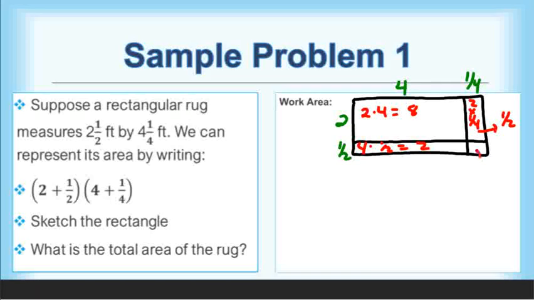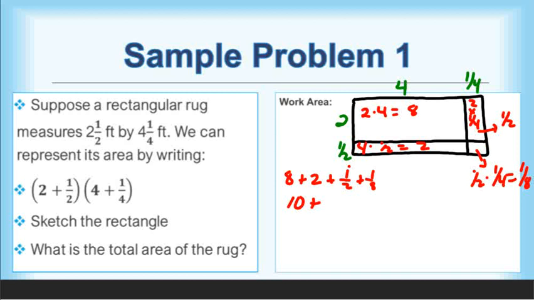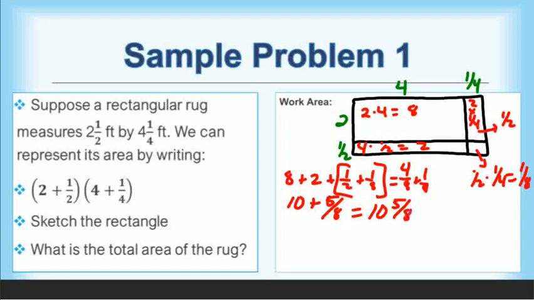And then here we would have 1/2 times 1/4, which would give us 1/8. And if we were to add up all the areas of each piece, we would have 8 plus 2 plus 1/2 plus 1/8. So this would be 10 plus, and I can rewrite this area as 4/8 plus 1/8. That would give us 5/8. So we would have an area of 10 and 5/8.